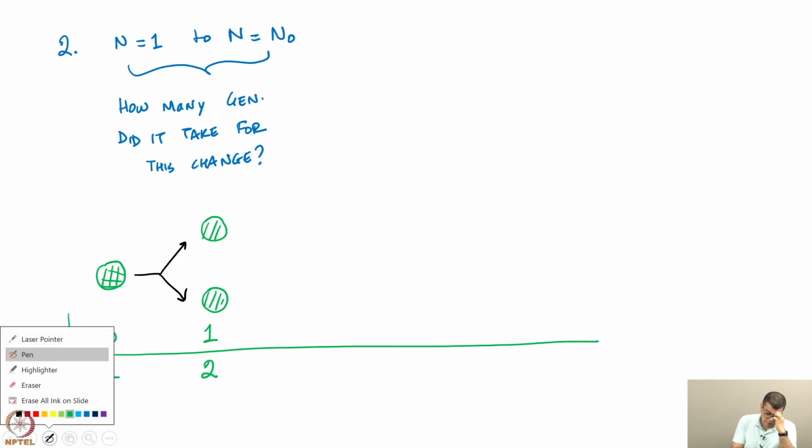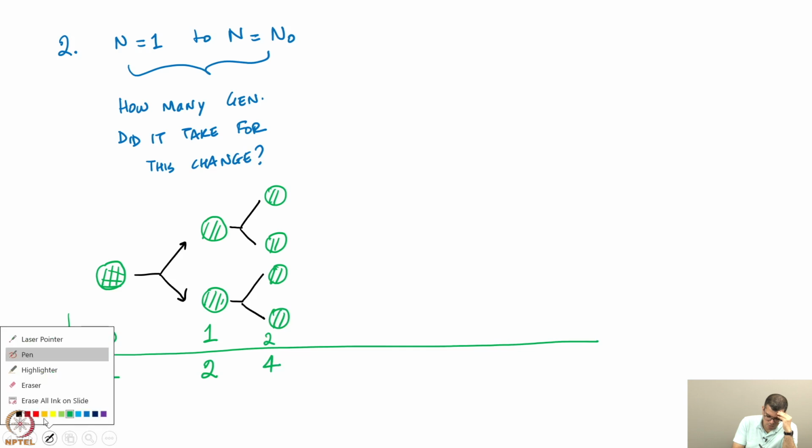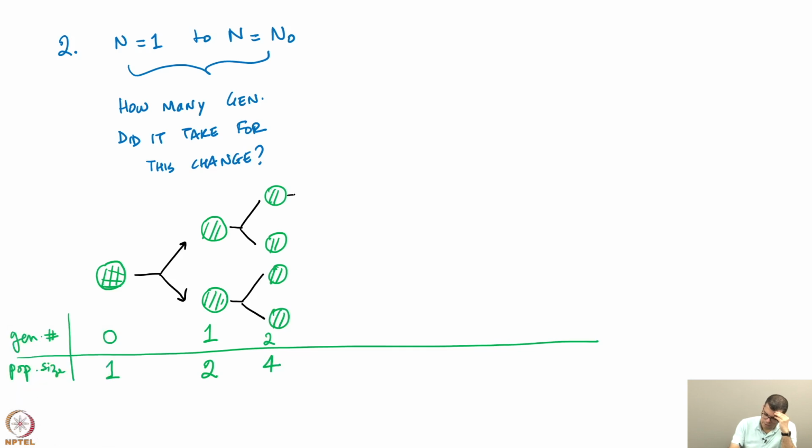After one more generation, both these individuals would have divided and the population size would be 4. After 2 generations, the population size is 4. And let us just do one more and then we will try and see what pattern is emerging here.